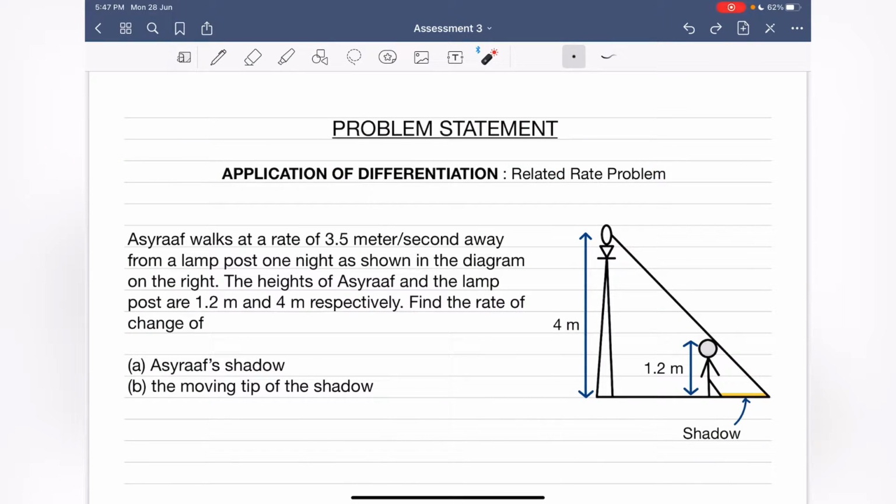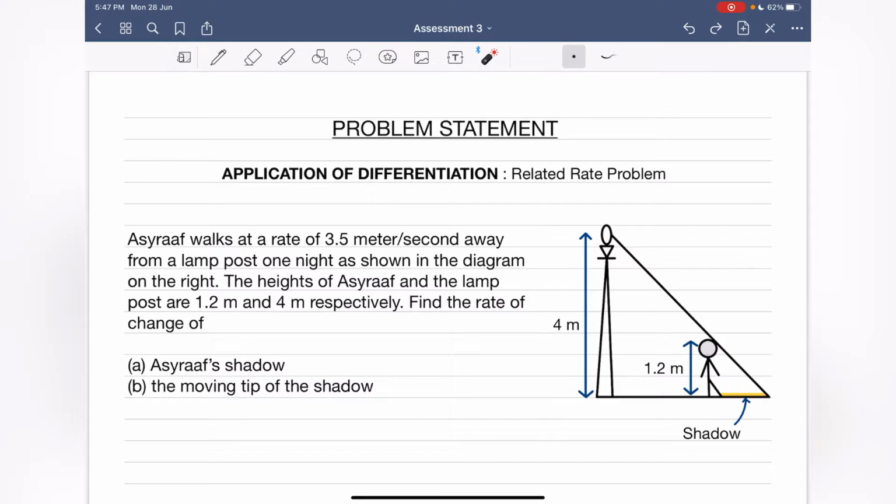Next is the problem statement for the application of differentiation. Our group chose the related rates problem for our assessment task.